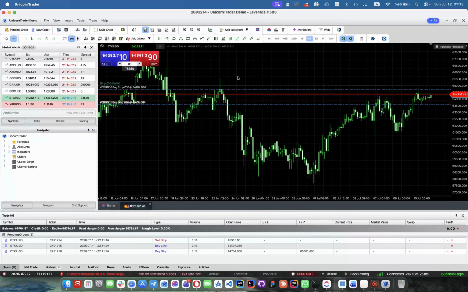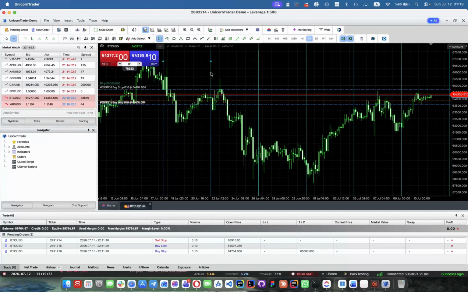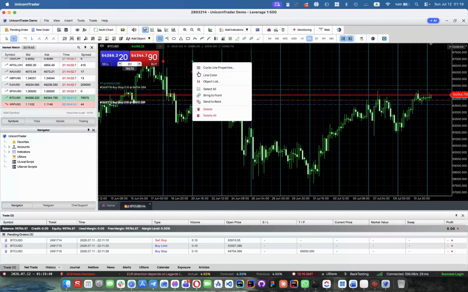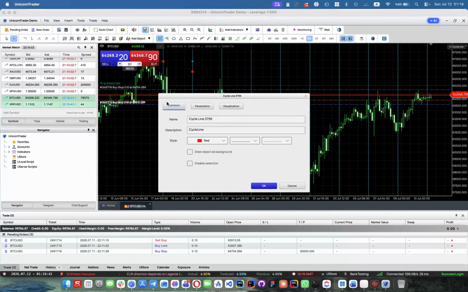Simply by pressing the backspace key on my keyboard, the tools are cleared out. We've also included some advanced or more pro tools, even more sophisticated options in this section. Every one of these tools comes with its own specific properties.